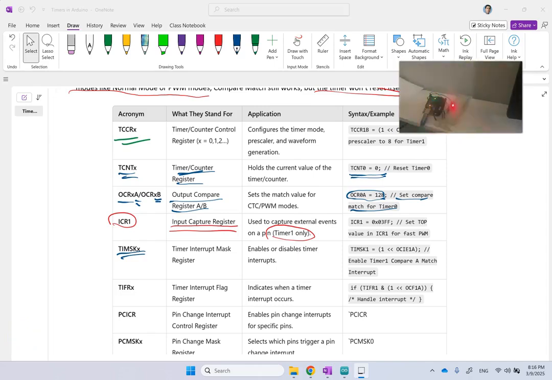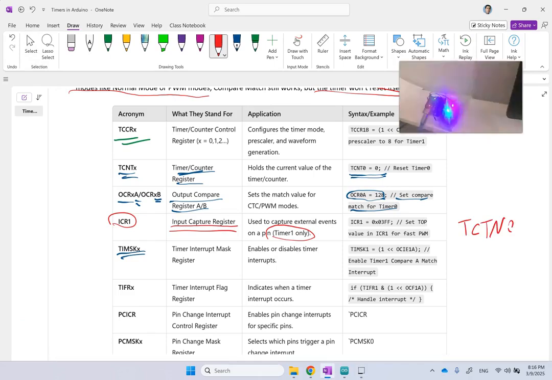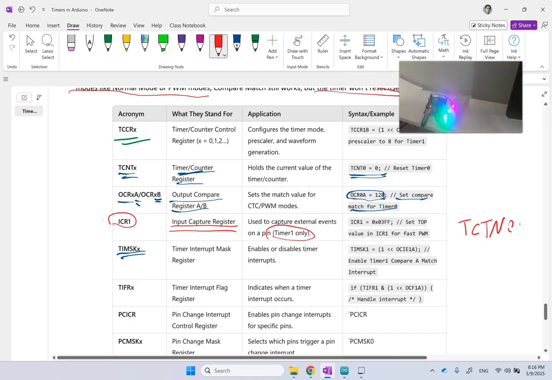Remember that you have a counter like TCNT, 0, 1, and it keeps going up until it reaches some maximum number that you set, or it's determined by the number of bits. When it happens, some interrupt function can be called and activated to do something. But sometimes you need to know the time of some specific event.